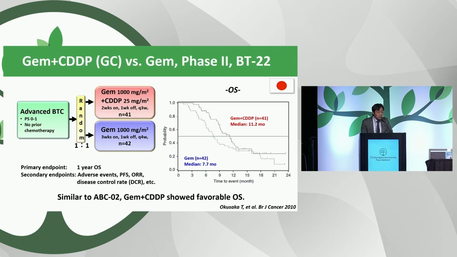This is a Japanese randomized phase 2 trial of GemCis versus gem, the BT22 trial. Study design was very similar to the ABC02 trial because this trial is a bridging study to the ABC02 trial. Median overall survival was 11.1 months in GEM-CIS arm and 7.7 months in GEM mono arm. Similar to ABC02 study, GEM-CIS shows a favorable overall survival.